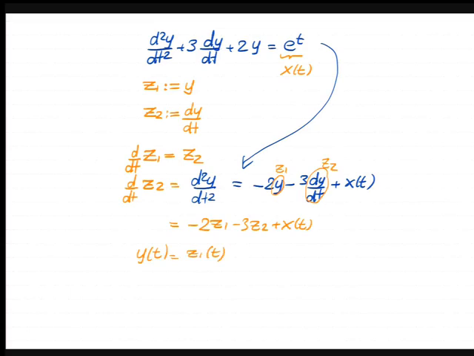Okay, anyway, we don't really have to worry about y of t here. It's clear it's z1 of t. So I can write this as d by dt of a vector z that consists of z1, z2 equal to A times that same z plus a matrix B, or column vector B, times x of t. All right, what is A, what is B?